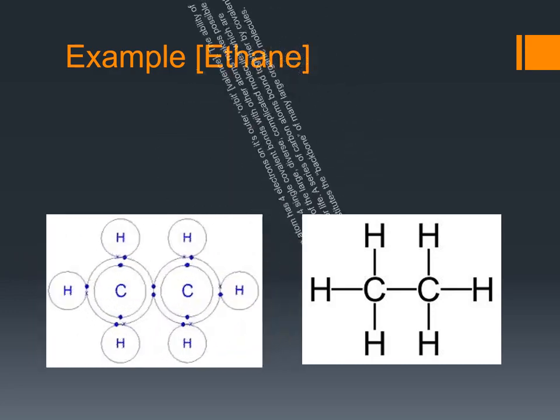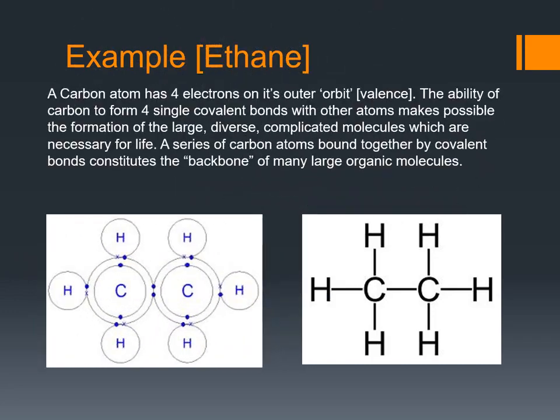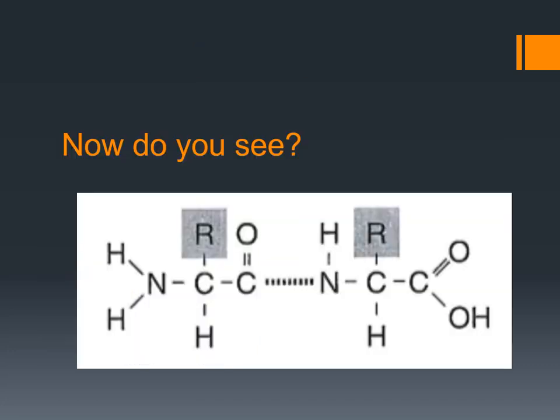So here's a few examples. Here's ethane. Carbon forms the central spine of a lot of molecules, and we'll come to see that in the biomolecules unit. And what I posted on the first slide was, what do you see?